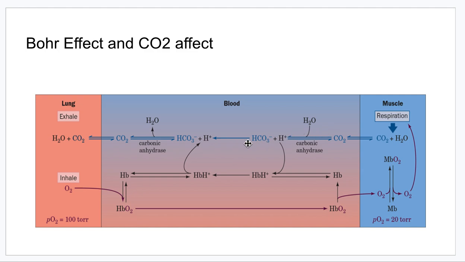which is going to, right here, dissociate into hydrogen and bicarbonate ions, which is going to decrease the pH in the capillaries. The pH in the capillaries decreases. This is because you have an increase in CO2, which in turn is going to make the blood more acidic.